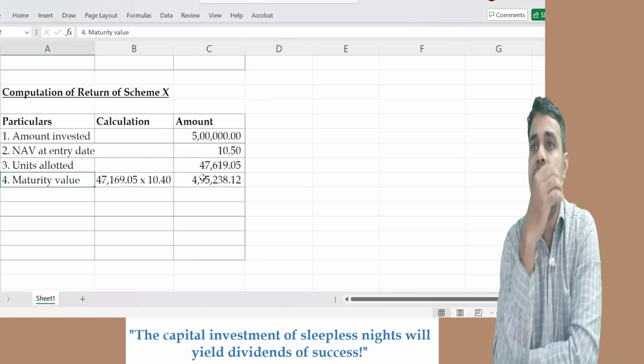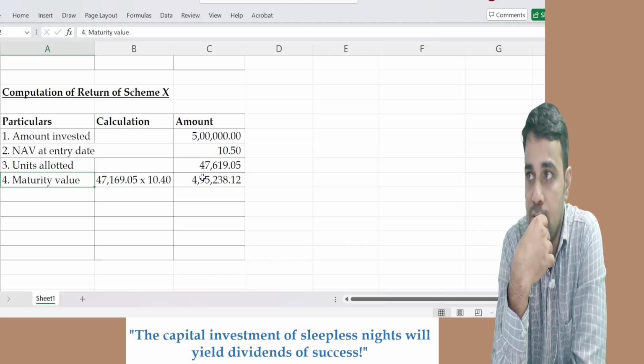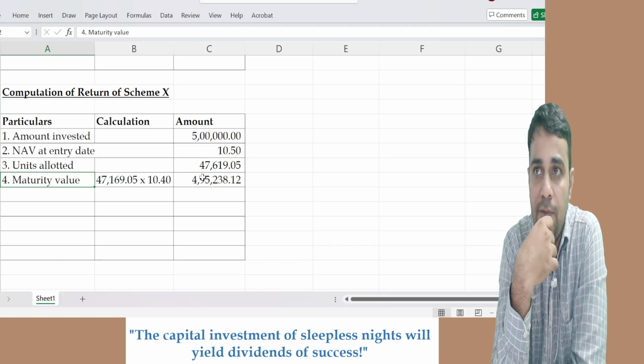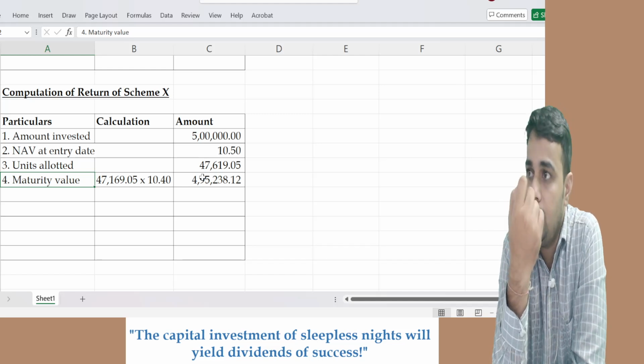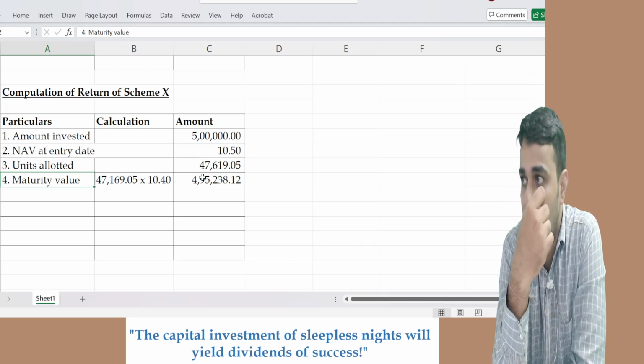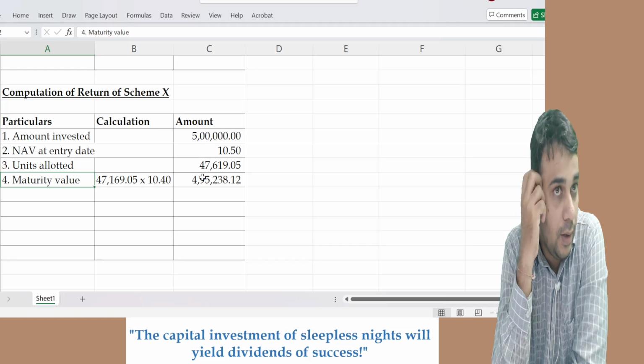The difference here is the capital loss. Along with the dividend, that is my final income. I invested at 10.5. On the last day it is at 10.4. There is a capital loss here.